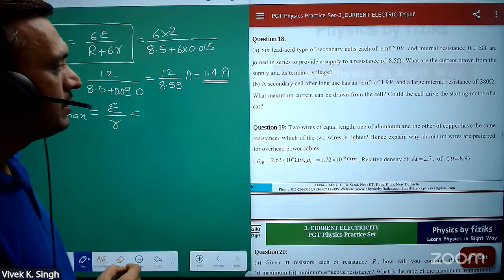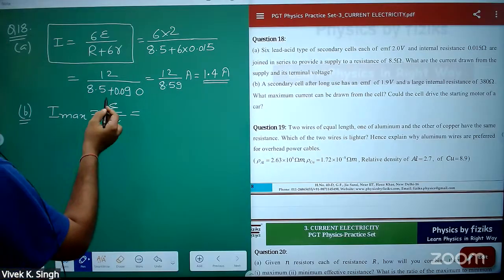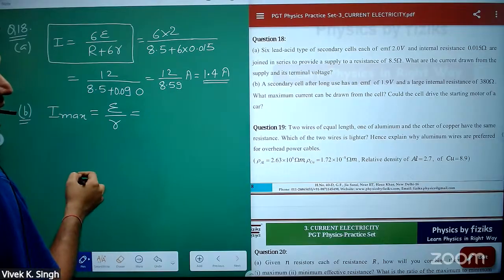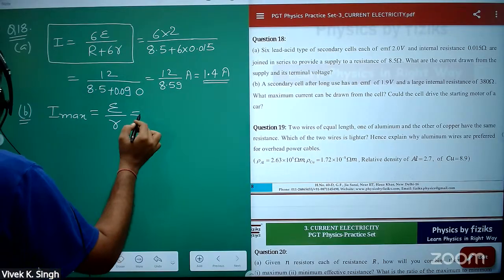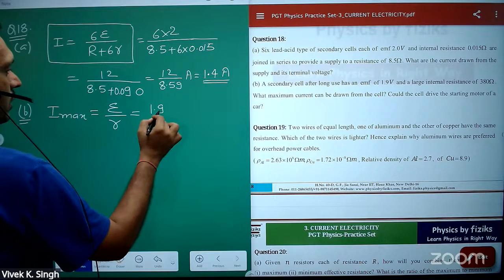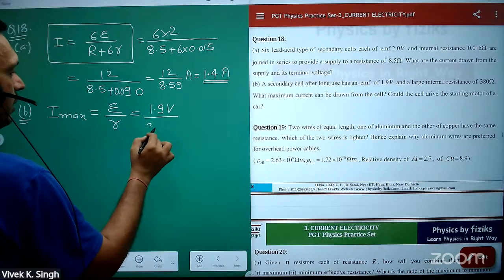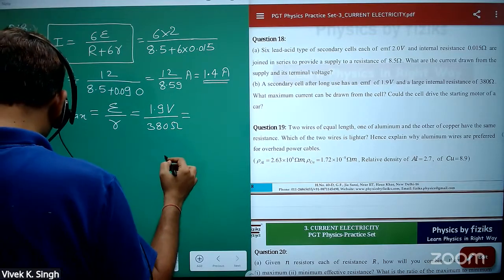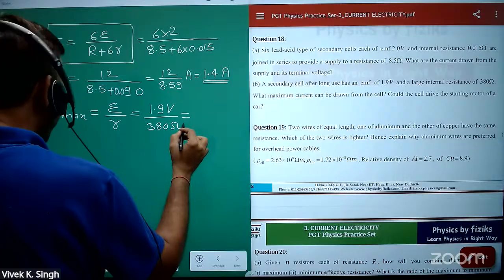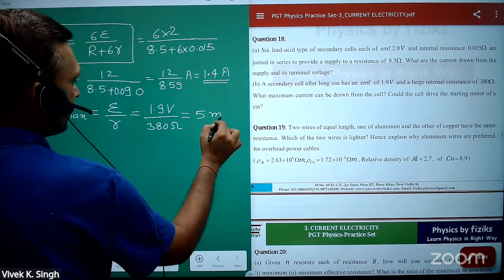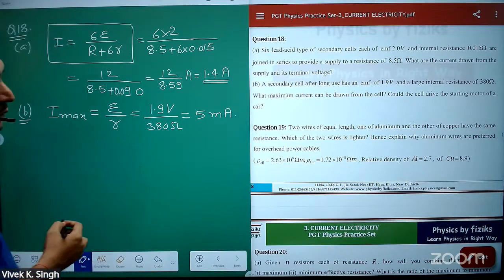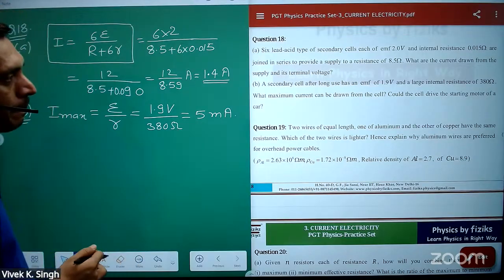Because internal resistance is very large, the maximum current that can be drawn is E by r, when external resistance will be 0. So this value is 1.9 volt divided by 380 ohms, and that will give you 5 milliampere. Clear? So that is question number 18.